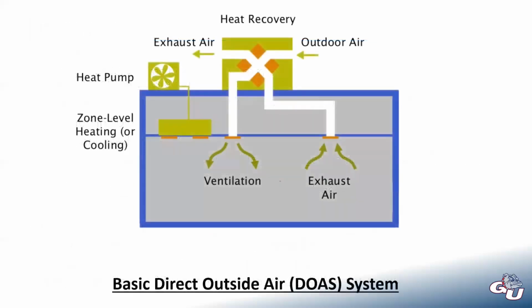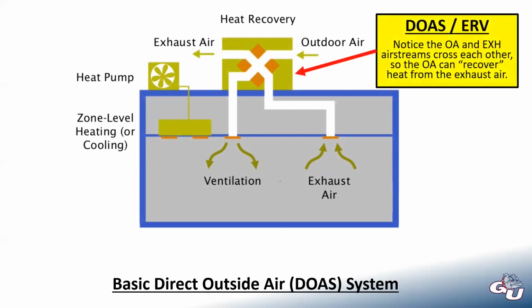So what does that look like? Here's an extremely basic schematic for a DOAS system, specifically an ERV. So we have our ERV up on the roof, and you can see that our outdoor air is coming into this thing and getting sent out to the space as ventilation air.